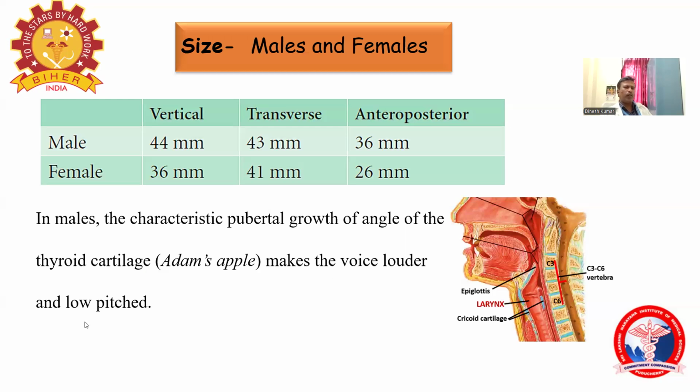It makes the voice louder and low pitched. Because the two laminae meet at a narrow angle, there is a protrusion, and that angle is called the Adam's apple.